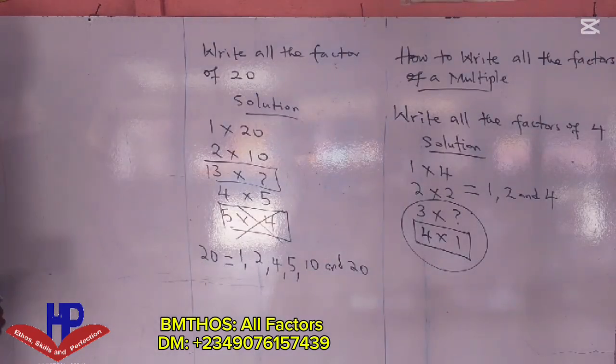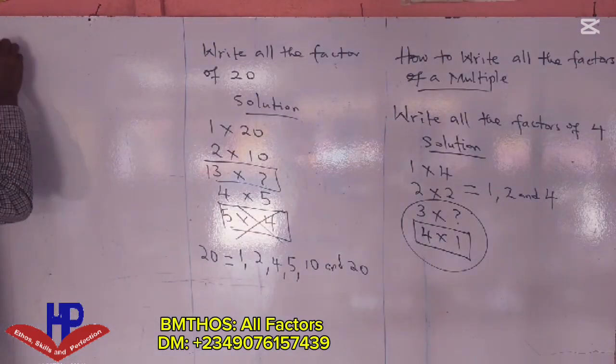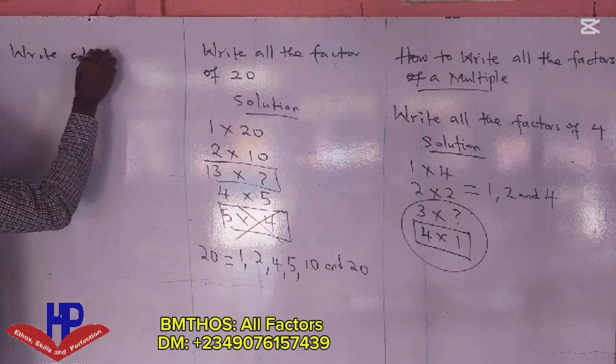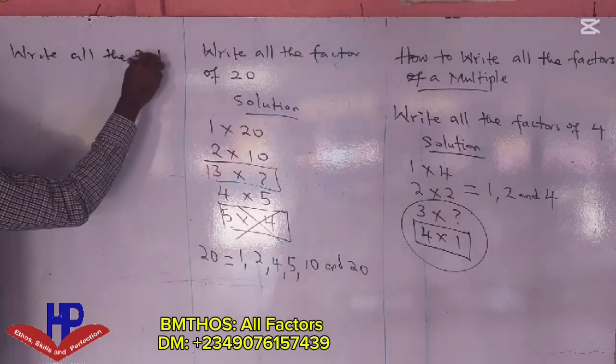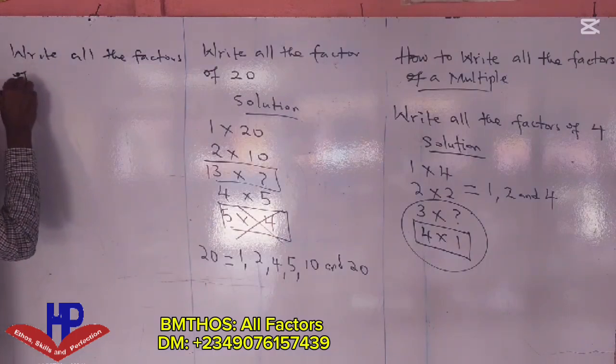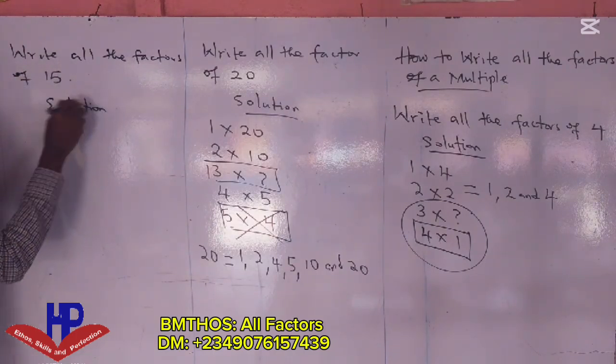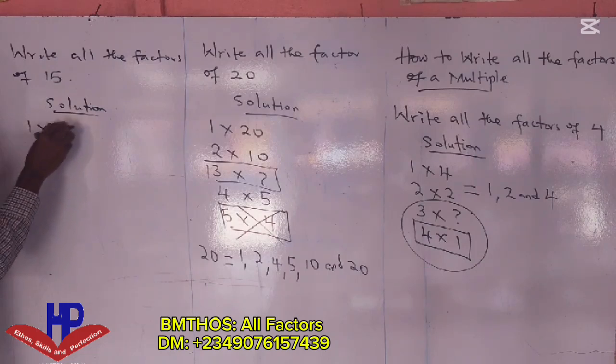Let's try another example. Write all the factors of 15. Solution. 1 times 15 will give us 15.